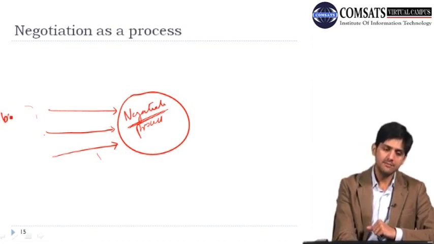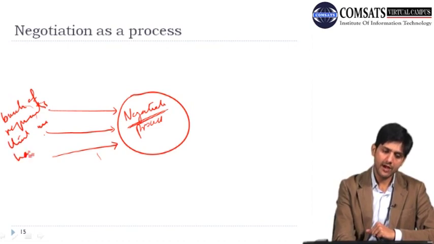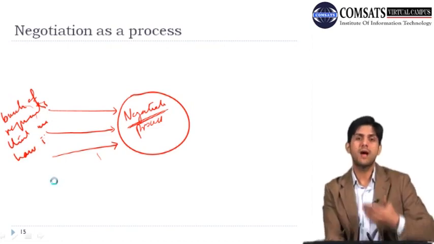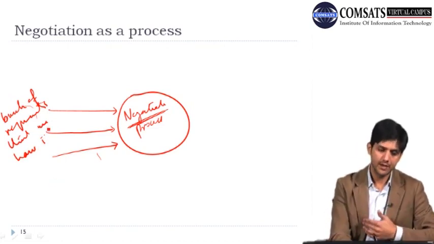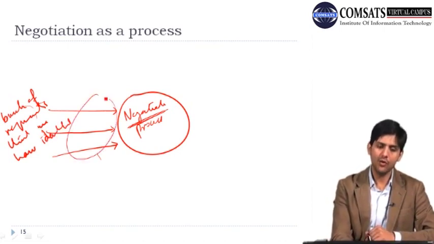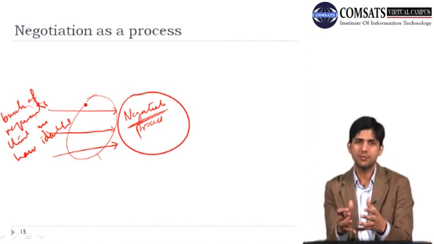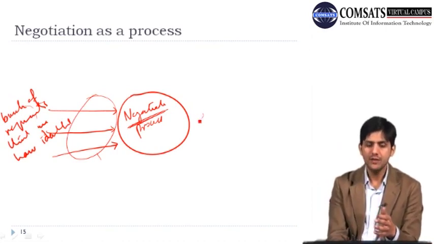So we have a bunch of requirements that we have identified as problematical through our analysis. Now all we want to know is, through this negotiation process, our expected output is consensus.